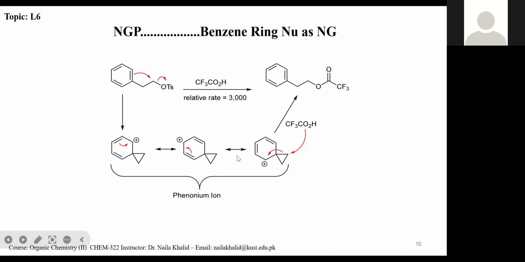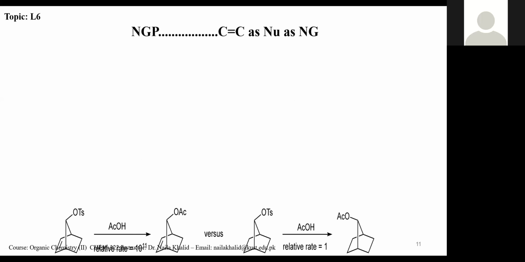This is a phenonium ion, and the nucleophile will attack on this carbon, and this will come here, and you restore the aromaticity, and you will get this type of nucleophilic substituted product. Interaction of this neighboring group with the reaction center is actually the neighboring group participation by this benzene ring.